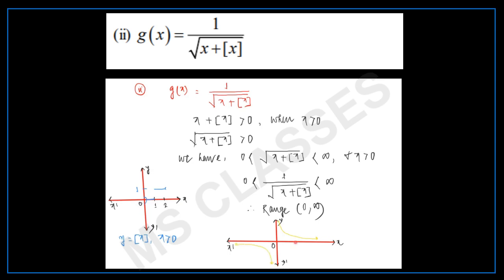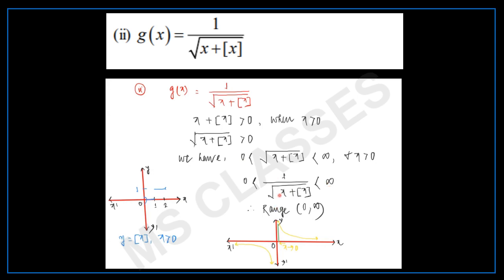When x is the input, as it is very close to 0, you can see that as x is tending towards 0, the corresponding values of y are huge, going towards positive infinity. So when the input is greater than 0, you can see the output is less than infinity.